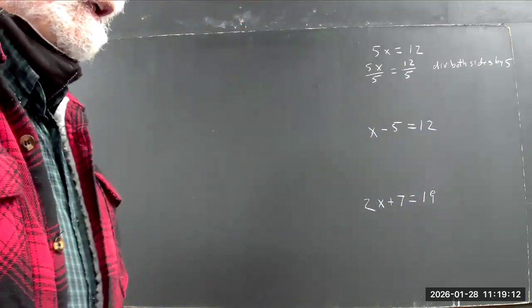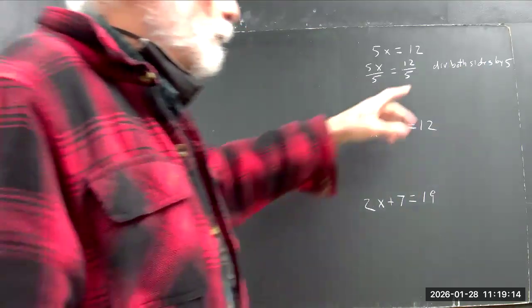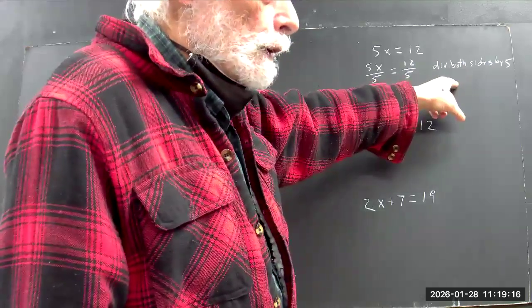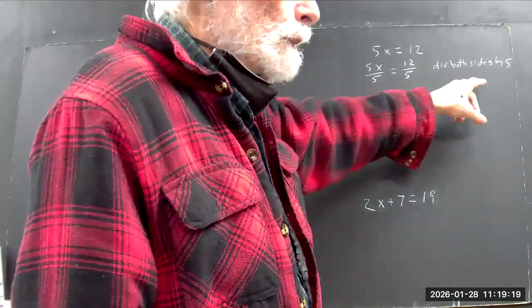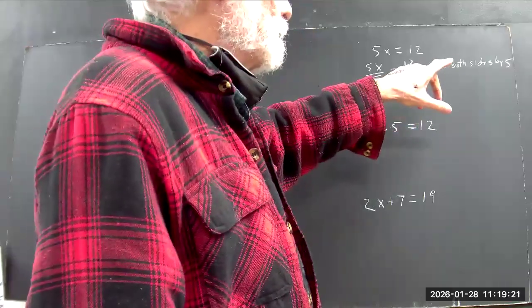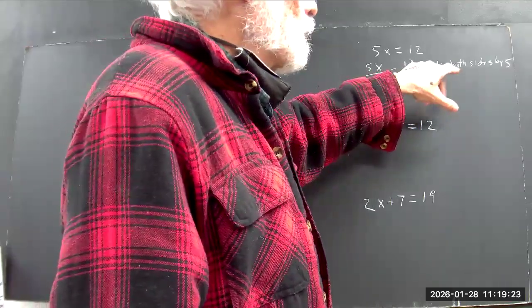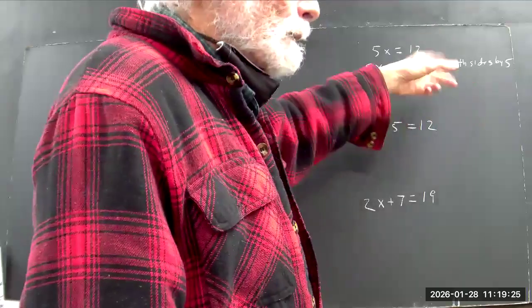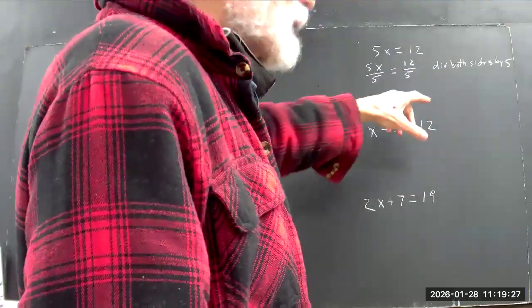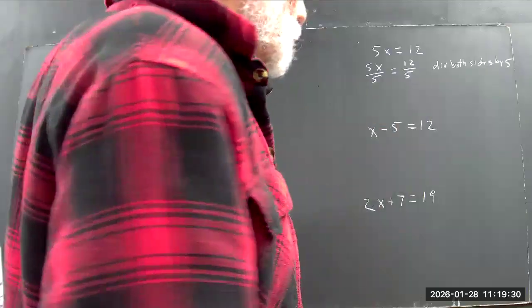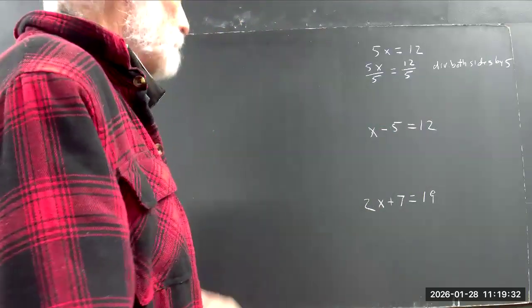Now you can abbreviate that, but write the whole thing, you want to reinforce to yourself that you're doing something to both sides. Now, you could say divide both by 5, but say it to yourself till you're really sure you have it.